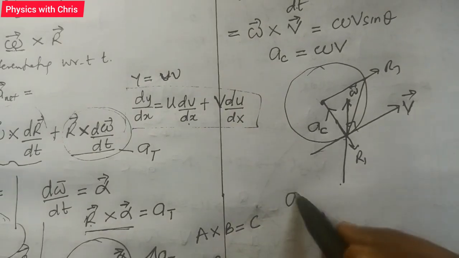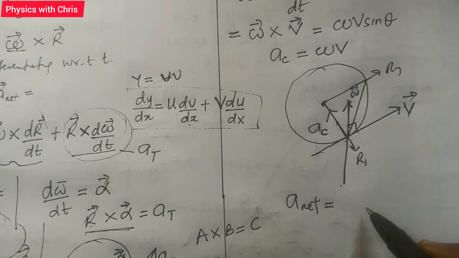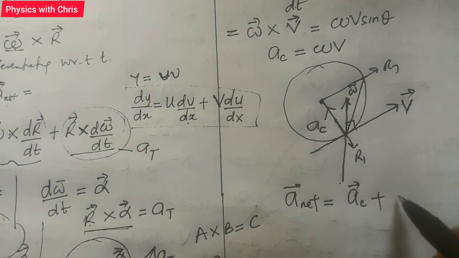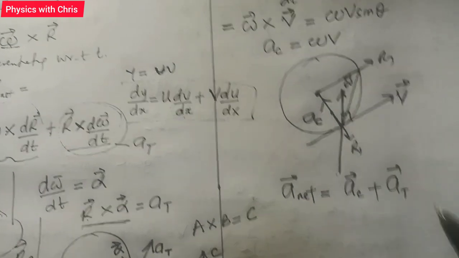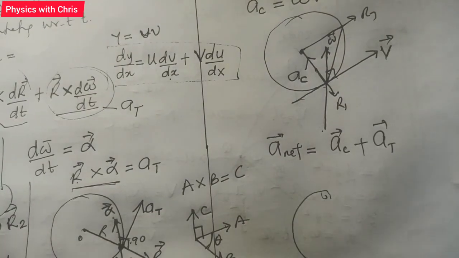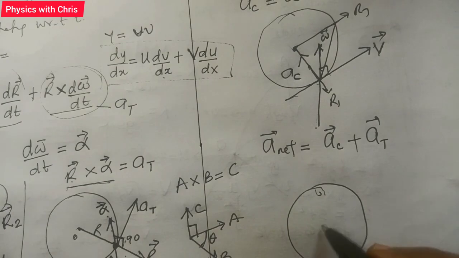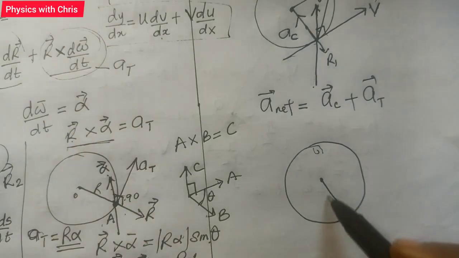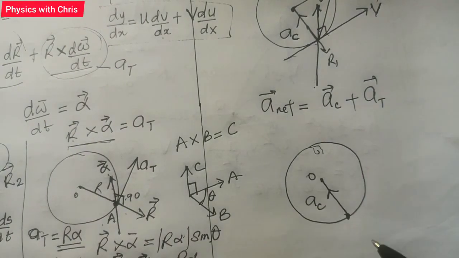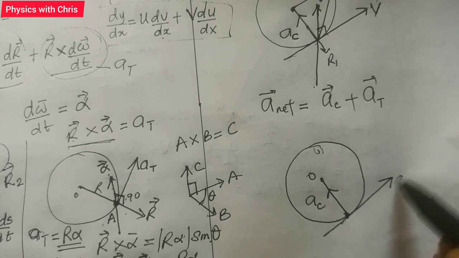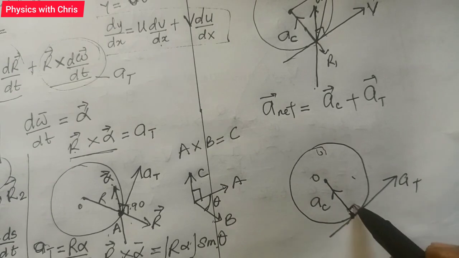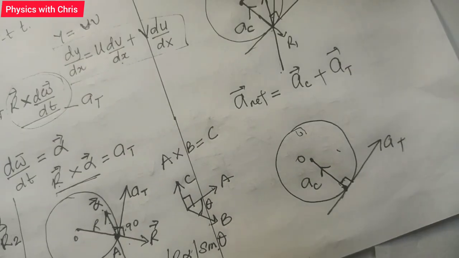So at the end, you can write net acceleration is equal to the vector sum of centripetal acceleration plus tangential acceleration. Now, if I want to find the magnitude, because this is just in vector form, let's say the acceleration of the body at this point has ac directed towards the center, and the other one, at, directed along the tangent. These two accelerations are at right angle.